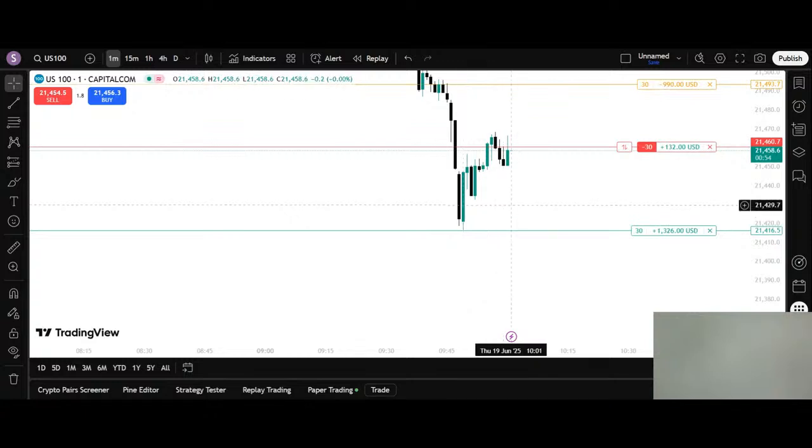Almost 90% of the time, price does retest and go to the liquidity level again. So the chance of it taking that is very high. Let's just wait for it.